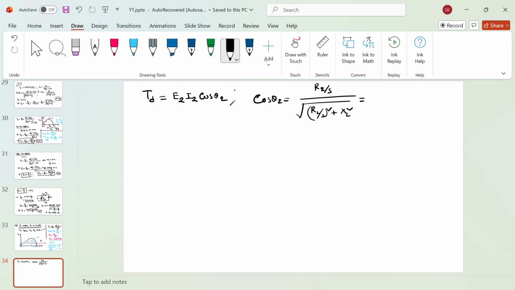You can write the impedance triangle for the rotor circuit, and you will get this particular equation. Okay.